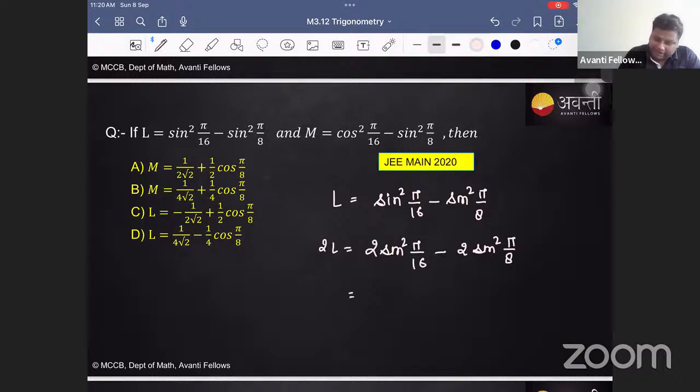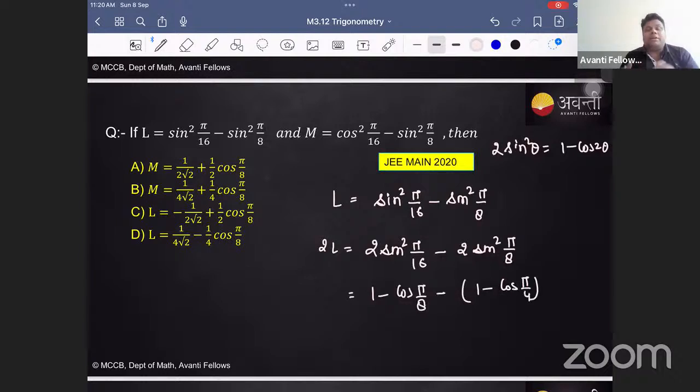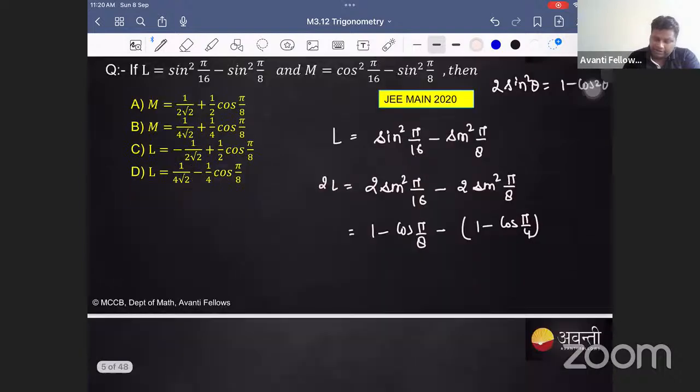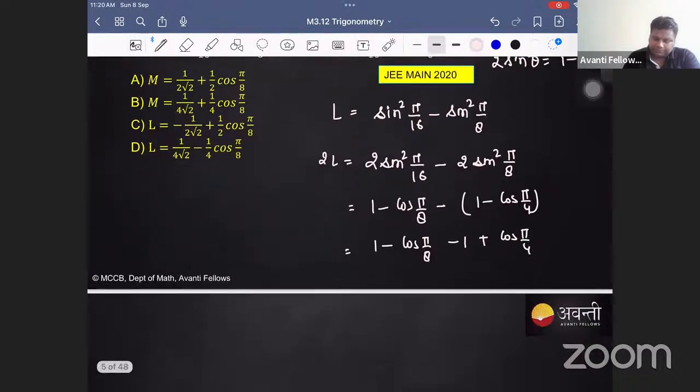Now, I will use again this formula that 2 sine square theta is 1 minus cos 2 theta. So it will be 1 minus cos pi by 8 minus 1 minus cos pi by 4. That is double of the angle. So it is 1 minus cos pi by 8 minus 1 plus cos pi by 4.